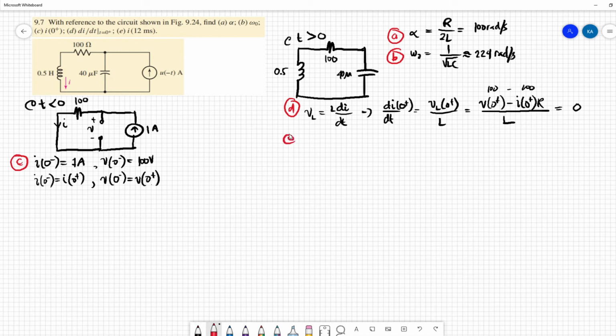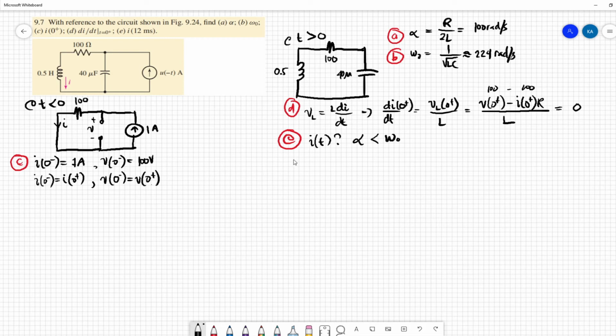Now for E, first we need to find the expression of I of t. Since our alpha is less than omega naught, our circuit is underdamped.